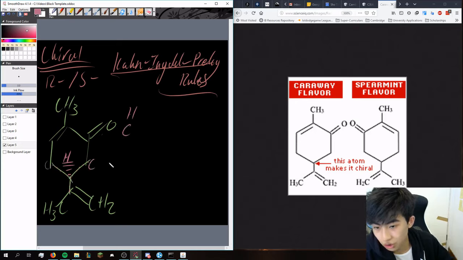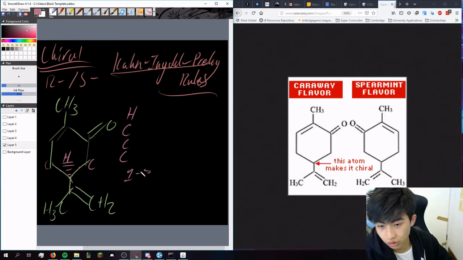The one on the right also goes to carbon, and the one down below also goes to carbon. So from this, we can instantly tell, because hydrogen has a lower molar mass, that this is 4th. And we rank these from 1 to 4 in terms of decreasing molar mass. So we can denote this with 4.